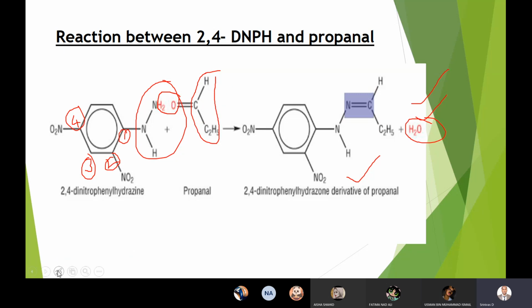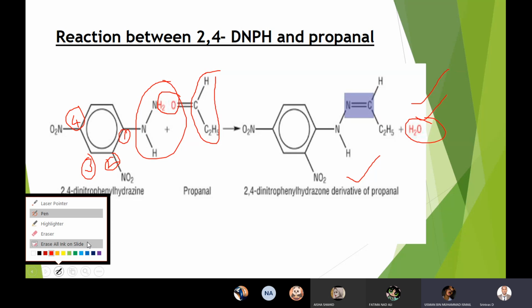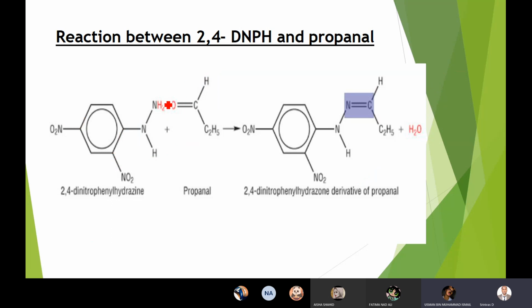It's not like rocket science or Latin and Greek. You simply remove this water, and when you remove this water, this carbon makes a double bond with this nitrogen. That's what is happening here, no other thing. So we give this the name 2,4-dinitrophenyl hydrazone.